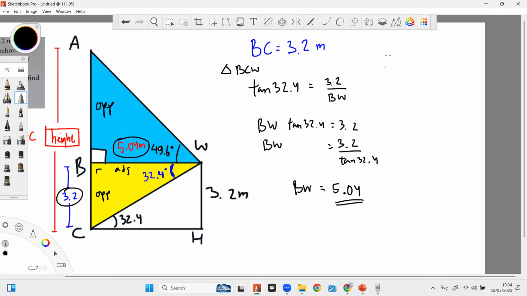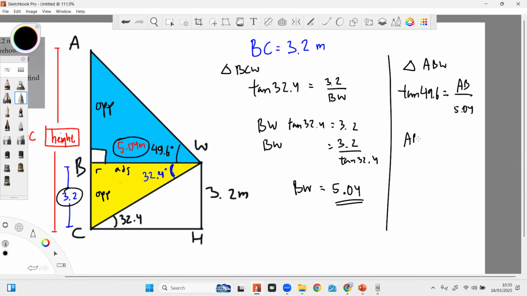Tan, one more time. So second, we use triangle ABW. Tan also, but 49.6, opposite, which is AB, over adjacent 5.04. We get the answer. AB times 1 equals tan 49.6. What's the answer? 5.93. Okay, we are almost there. We have the opposite here. So what is the height of the mast then?